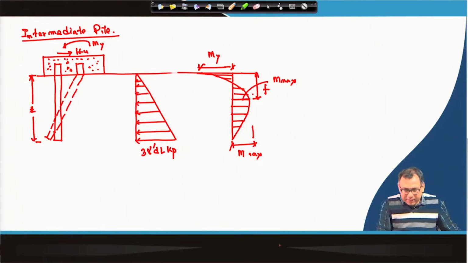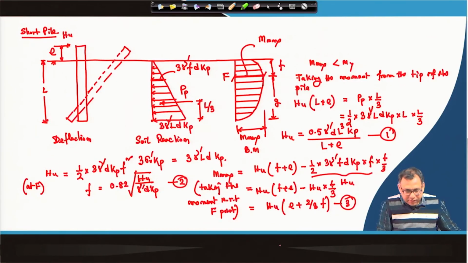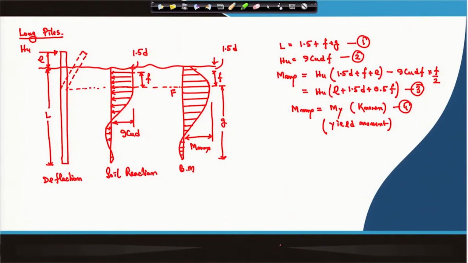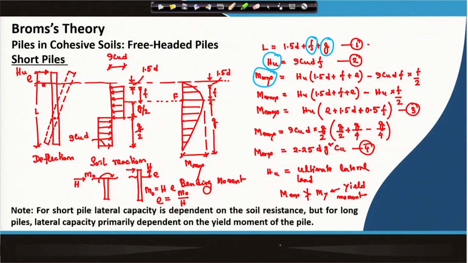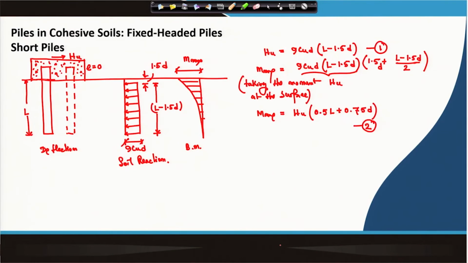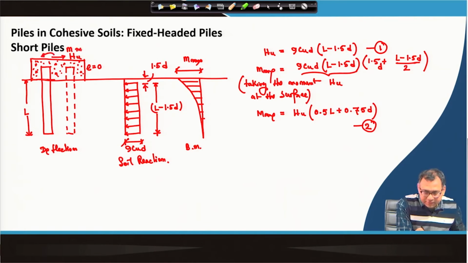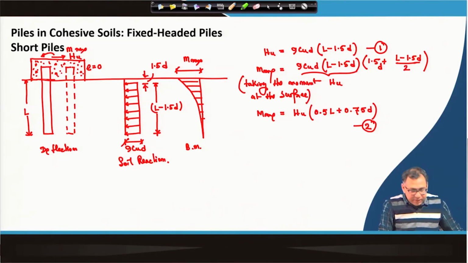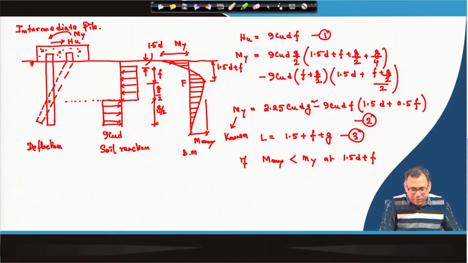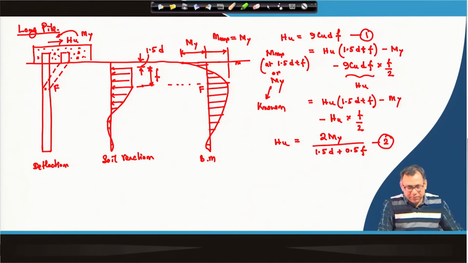Okay. So, I can see whether in all the cases the M value is proper or not. So, let us see for the previous cohesive soil short pile there is no M. So, this is for the short fixed headed pile. So, there will be one moment here, that is M max. There will be one moment here, this will be M y, here again this will be M y, fine.